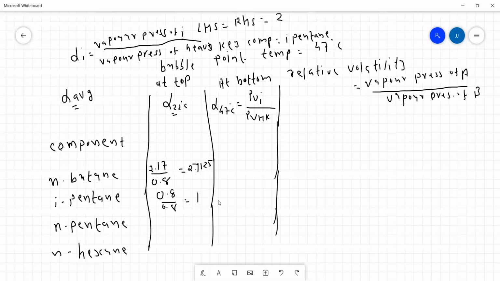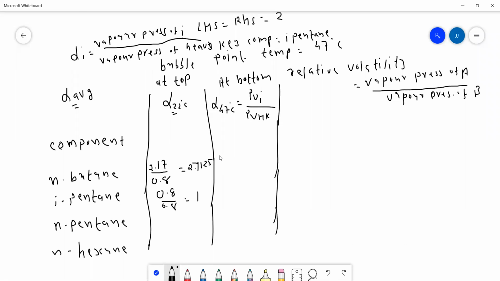So let me write here, 4.478 divided by 1.842, and this is equal to 2.43. So here we have 1.842 again divided by 1.842, which is equal to 1.